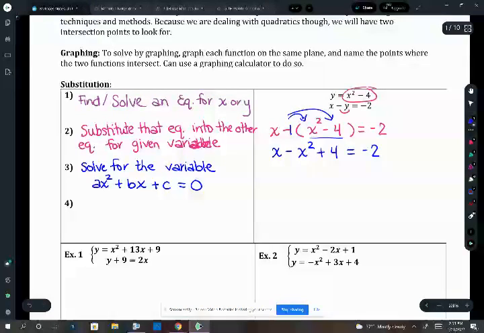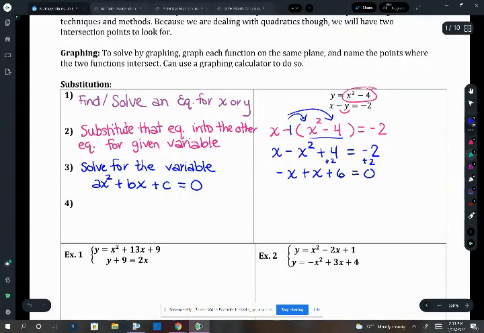And then we're going to rewrite that equation as a quadratic. We've got negative x squared plus x, and then we add our 2 over, so we get plus 6 equals 0.